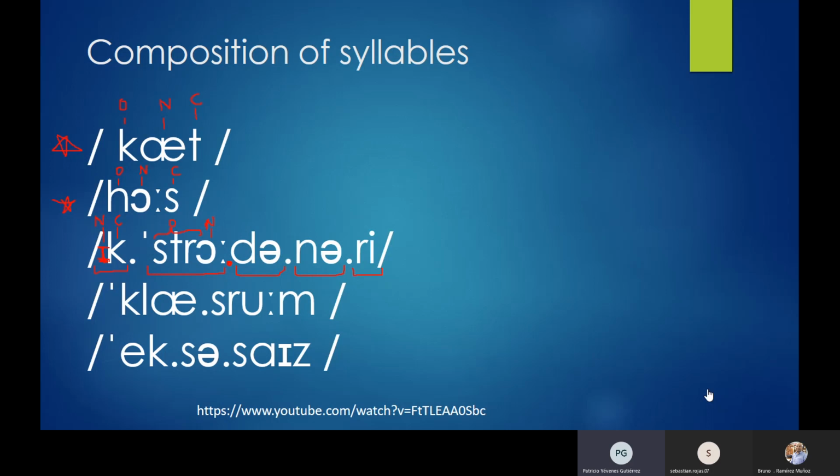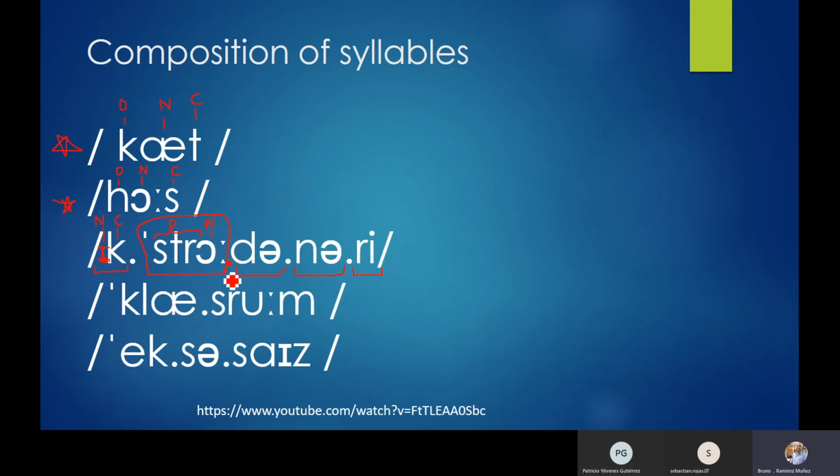Because it's considered one vowel sound. Yes, exactly. So when you are analyzing the composition of the second syllable, straw, you need to consider from. Let me see if I can mark this.